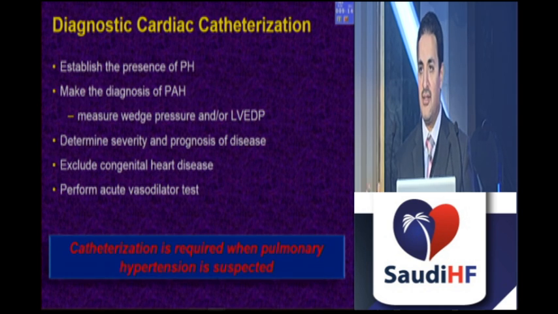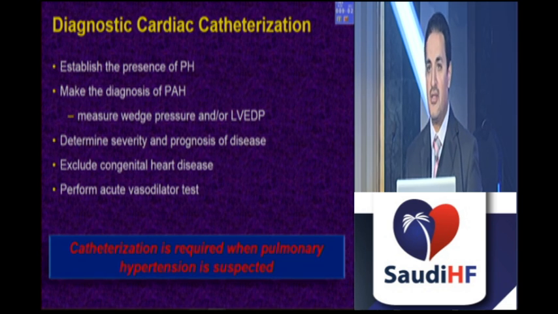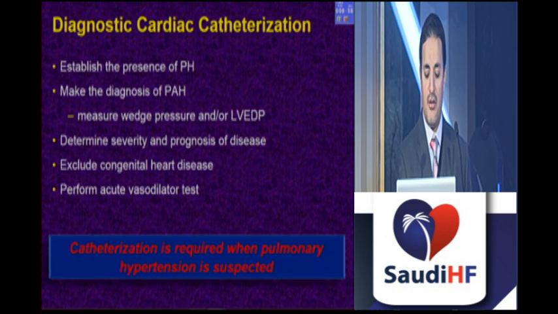Is it secondary to the left side of the heart? Is it on the right side of the heart? And also determine the prognosis of the disease. And importantly, to perform a vasodilatory test, because if patients are reversible, then the management is different from irreversible pulmonary hypertension.